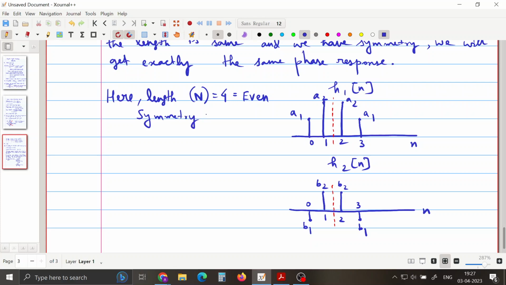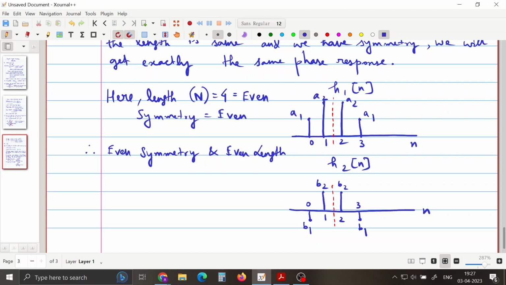Both of them have even symmetry. So we have even symmetry and even length, which implies that it's a type 2 filter.